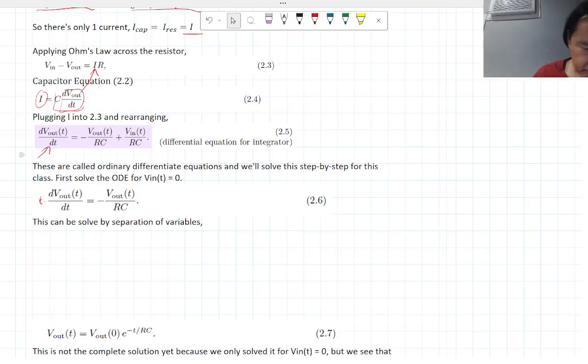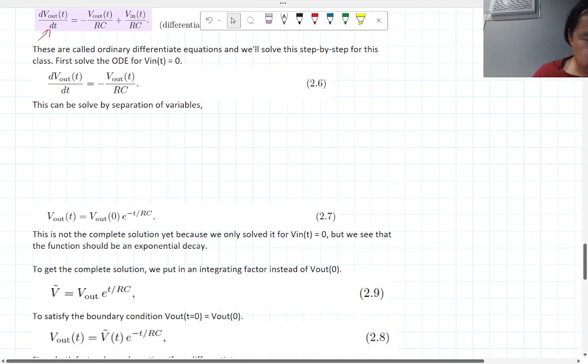These are called ordinary differential equations, and the way we solve this is to go through it step by step. We're not going to expect you to do this in this class. I'm just showing you how the book does it, and hopefully that helps you digest what the textbook shows.